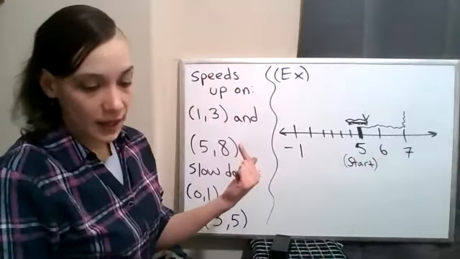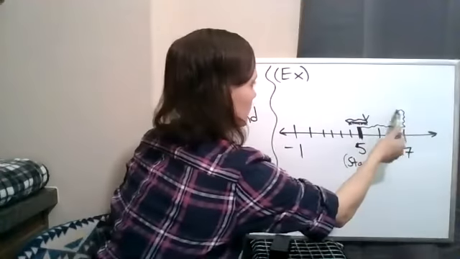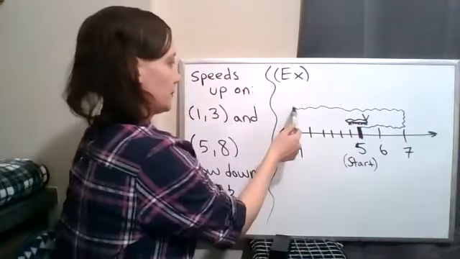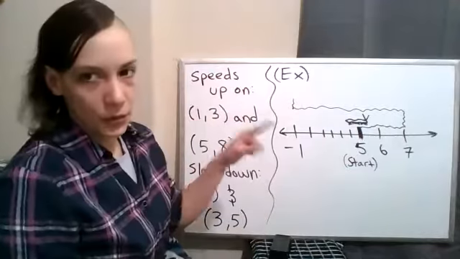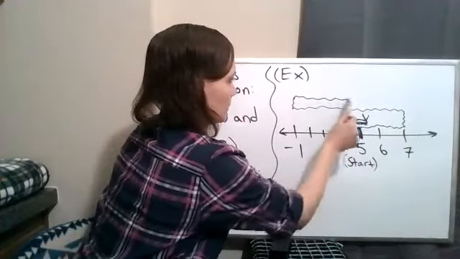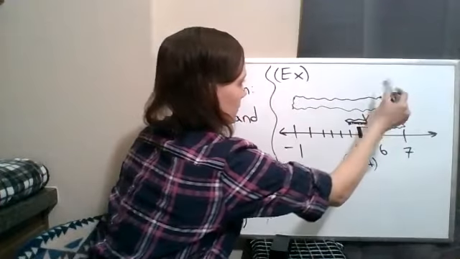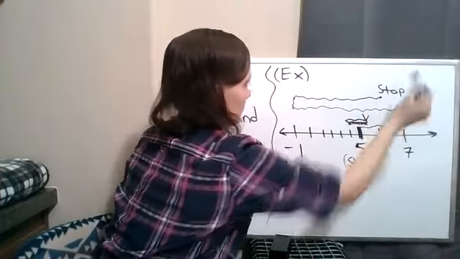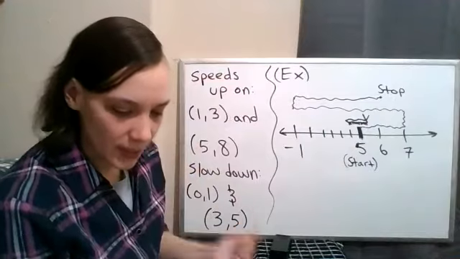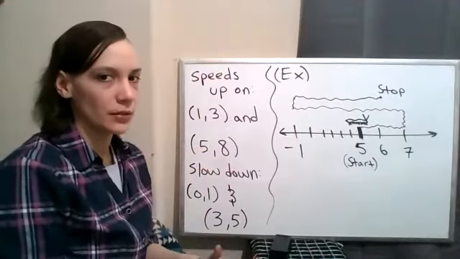And then back to -1. And then over to 6 and stop. Okay, we're going to find displacement and then distance traveled.